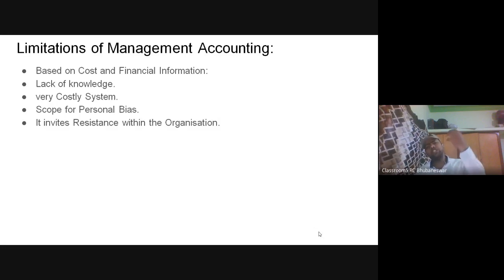Earlier there was no such accounting which fixed responsibility or kept a check upon the performance of the employee, but when management accounting was introduced, responsibility came onto the employees, and there is also a carrot and stick approach.